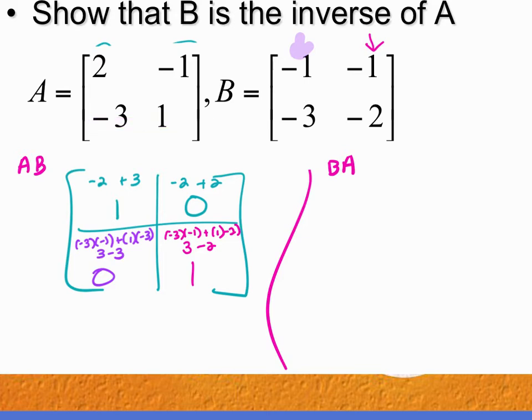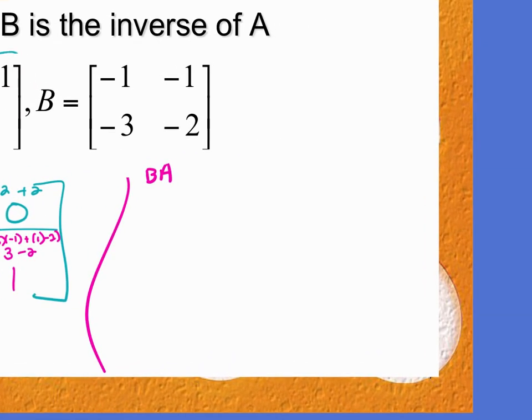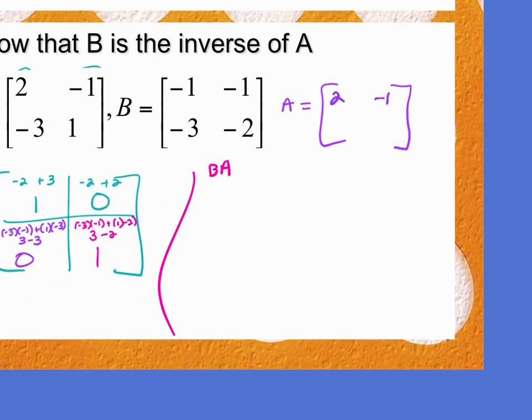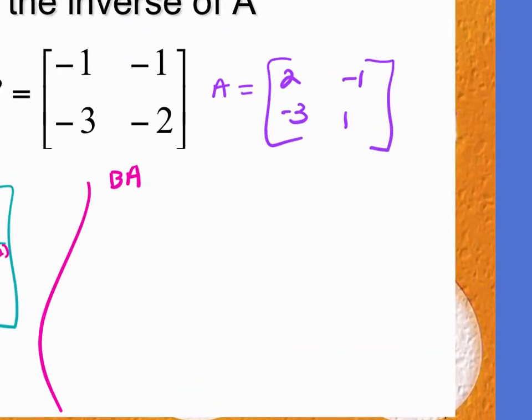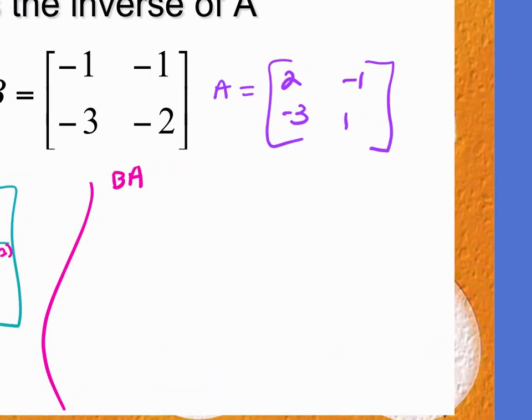Then B times A. So for me, we train our brains to see things left and right so much that I have a hard time switching these. I literally rewrite A next to B. You don't have to do this. This is like what helps my brain, so feel free to do it if it also helps yours. But I have a hard time going right to left.